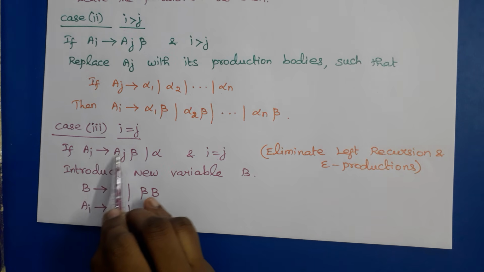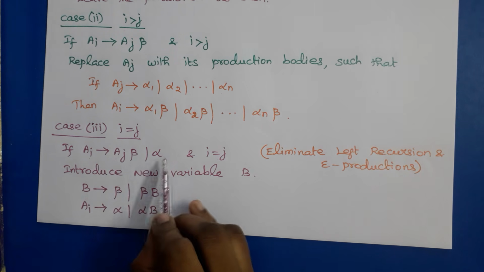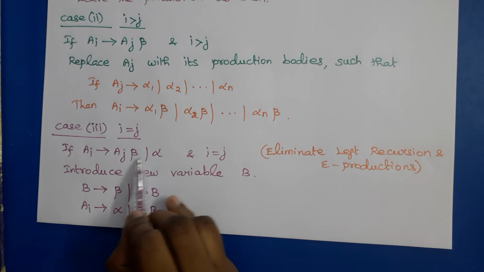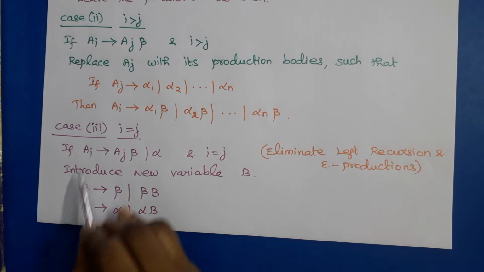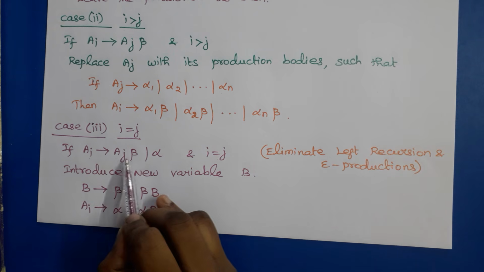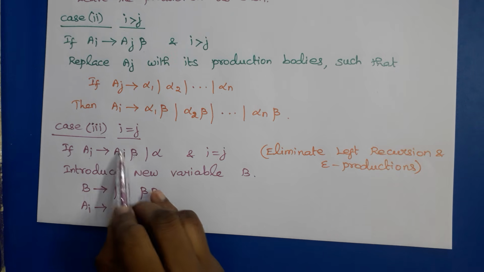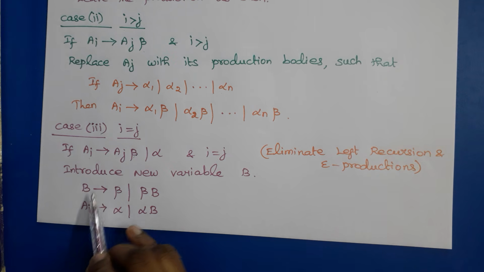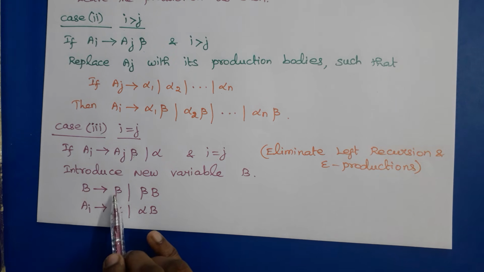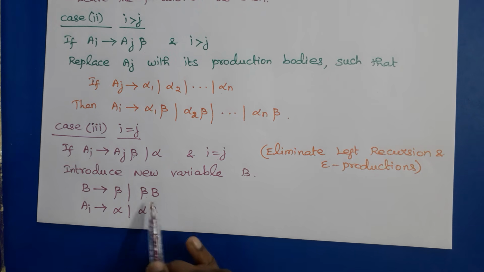So this production is called a left recursive production, but this is not, because here we don't have any Ai or Aj. So we have to introduce B, and that B tends to beta. Beta means any string. So we have to write all the symbols from the left recursive production except the first symbol. So B tends to beta, then bar, then we have to write the same thing with the new symbol at the end.